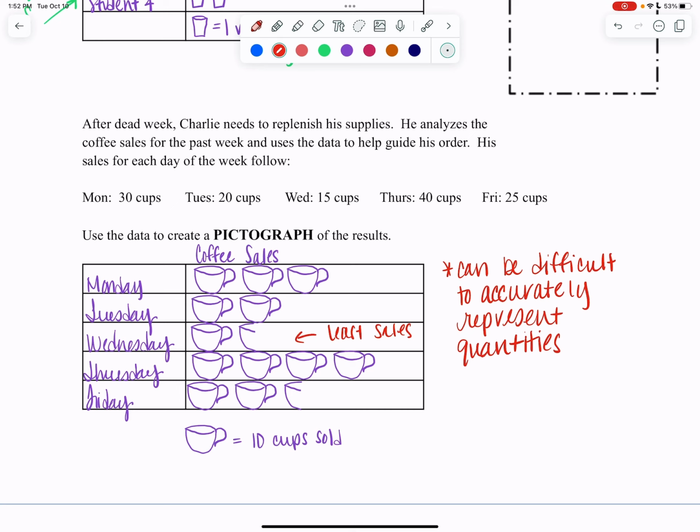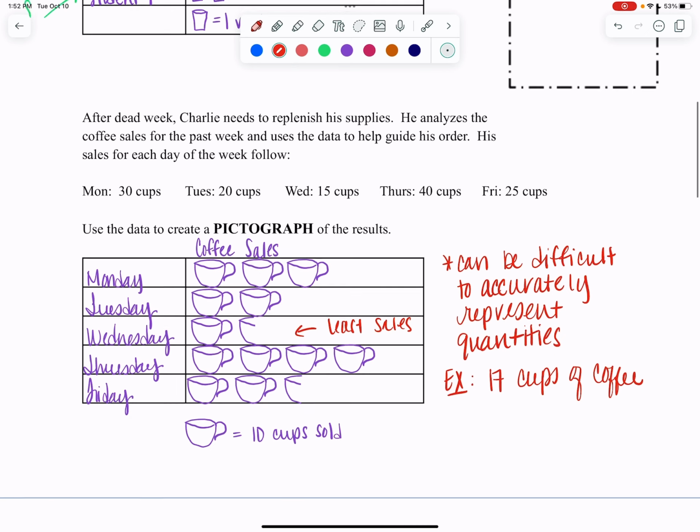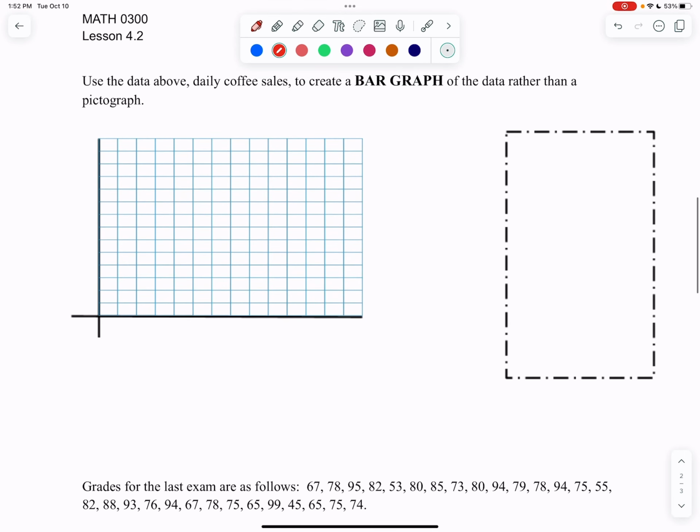So if we wanted 17 cups in here, using our little picture of a cup, 17 might end up looking like 15, or it might look like it's closer to 20. So that can be a drawback for the pictograph.